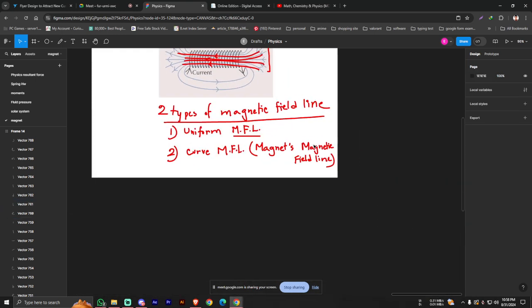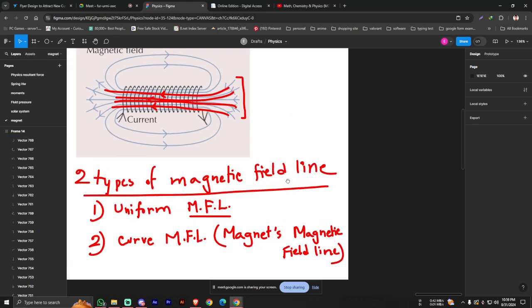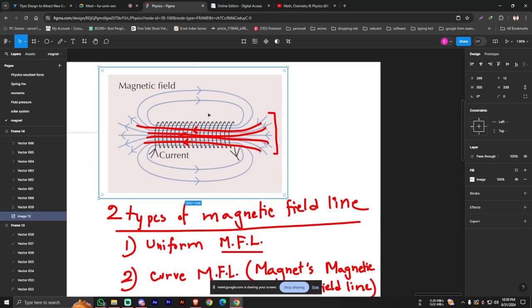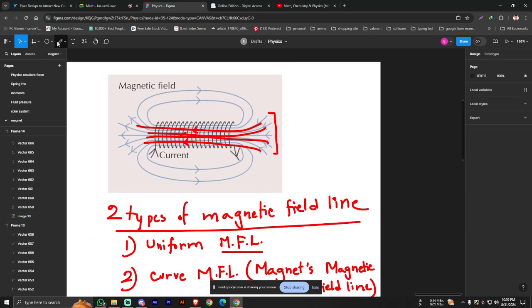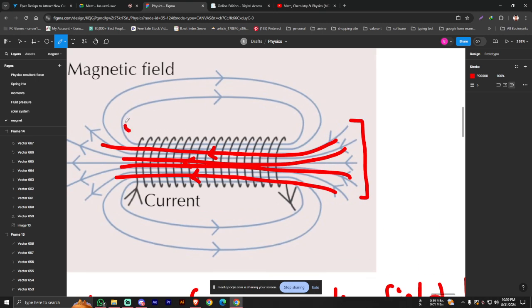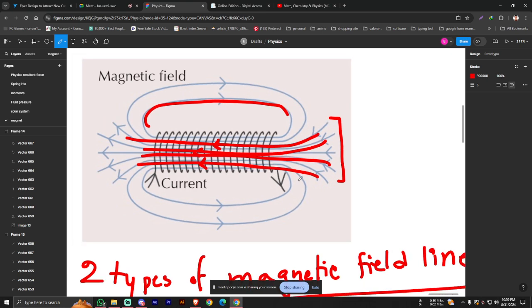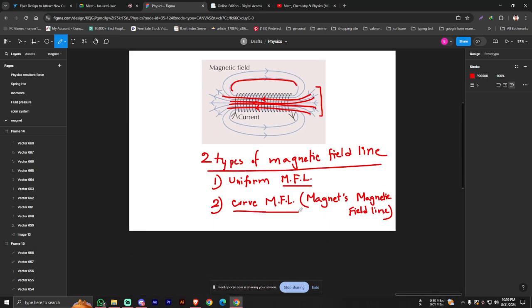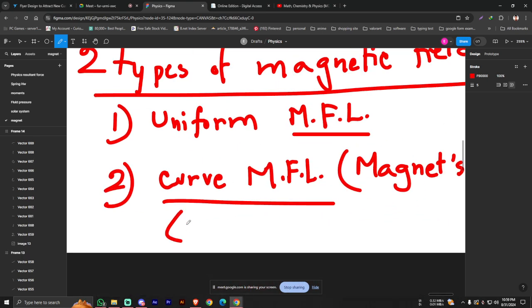So here you can say there are curved field lines in the upward and downward direction, right? Outside the solenoid, or we can say outside in short.